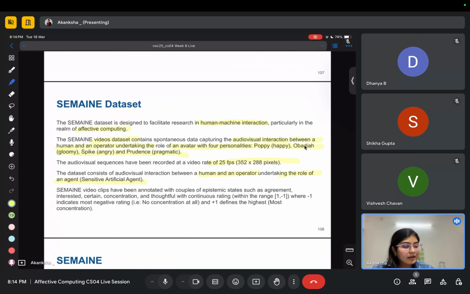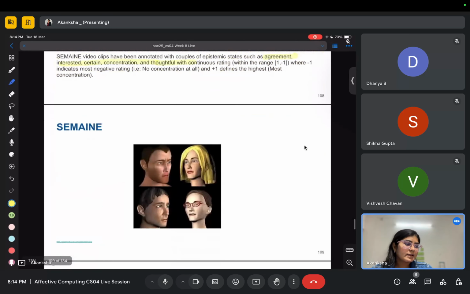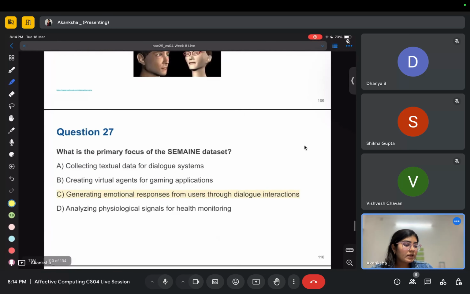Now what are the annotations? It gives us some states like agreement, interested, certain, concentration, thoughtful, and continuous ratings are there. Also some emotional ratings are also there. But what is the primary focus? Is it collecting textual data?